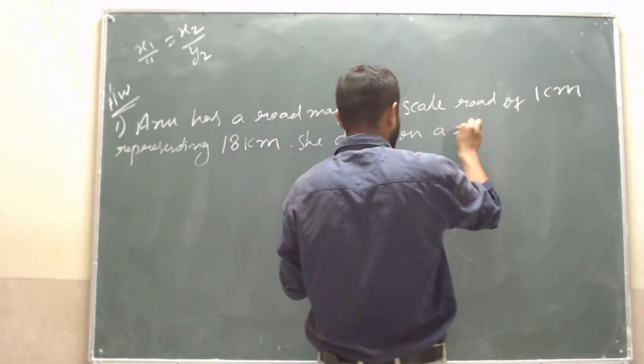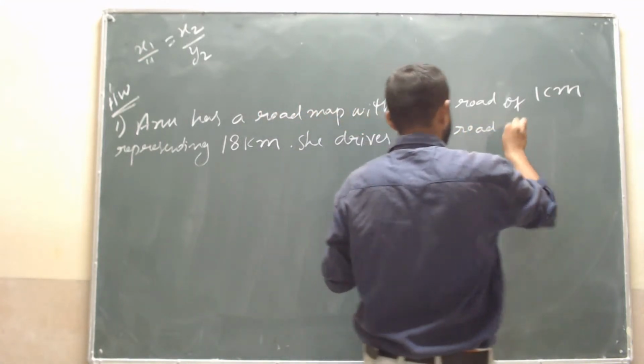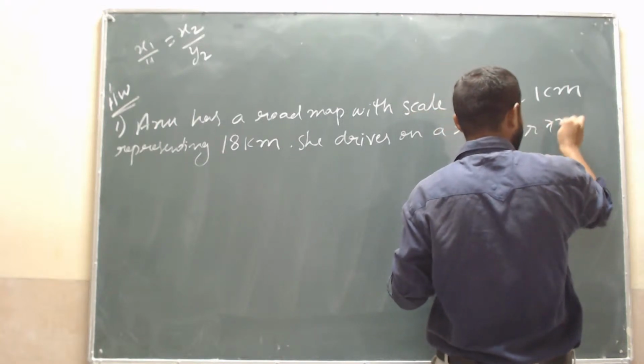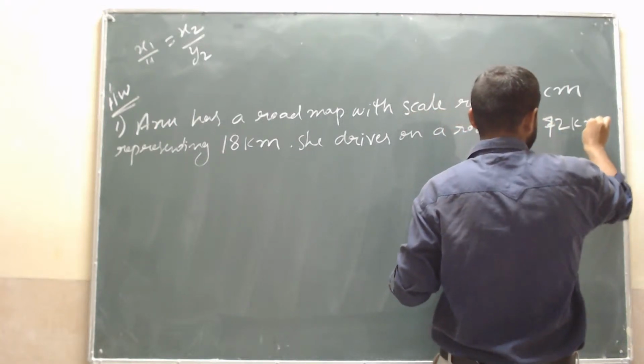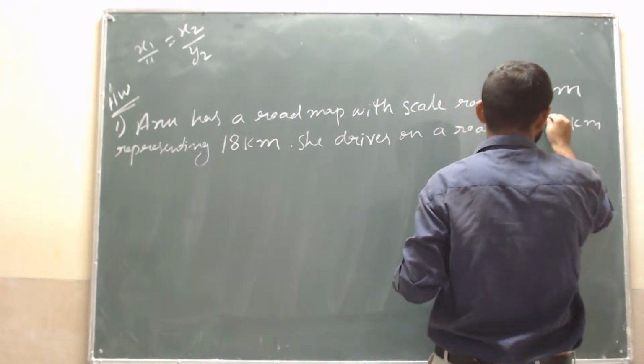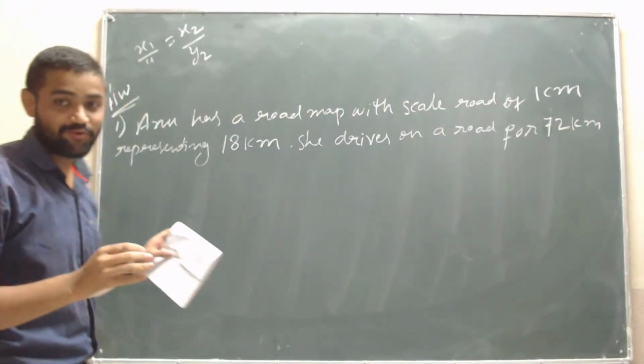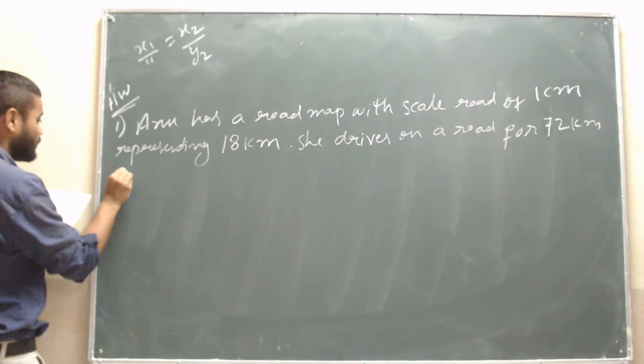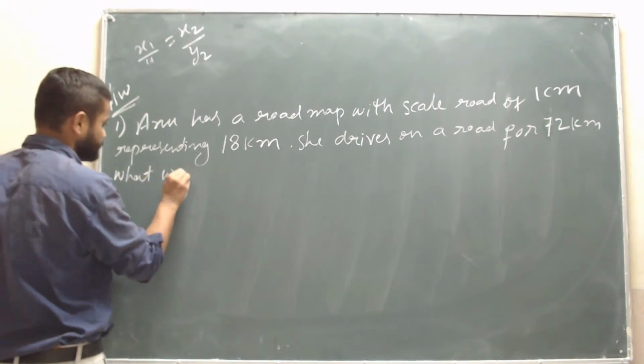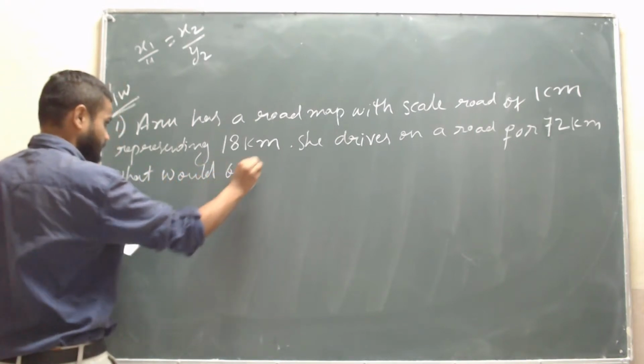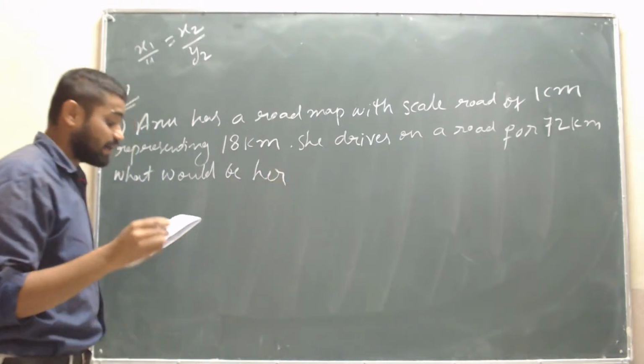She drives on a road for 72 kilometers. What would be her distance covered on the map?